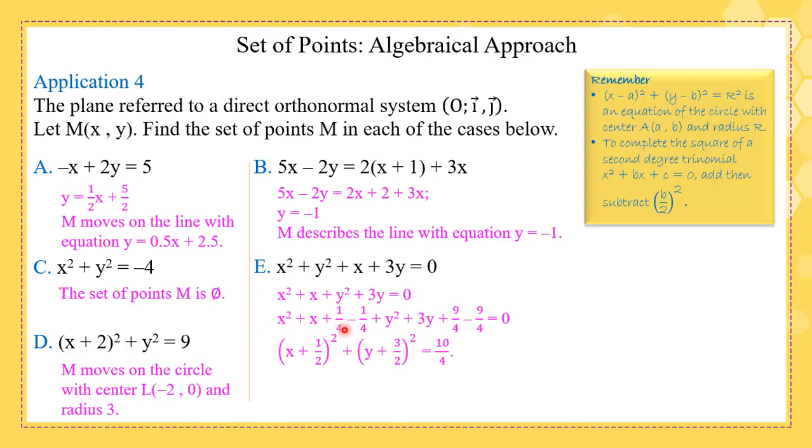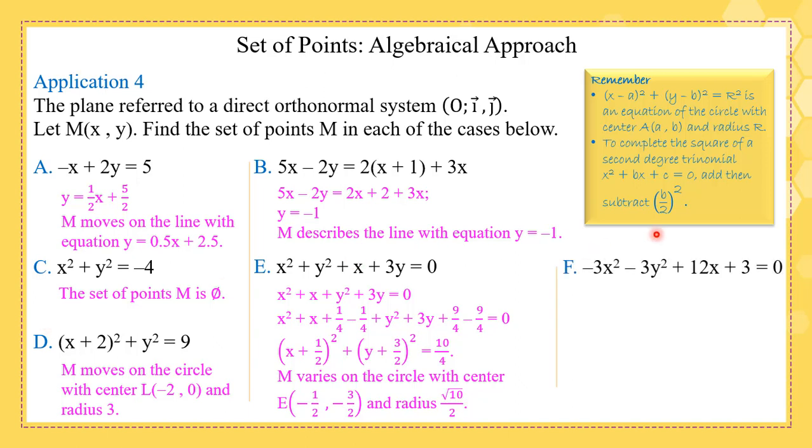Then the first three terms lead to x plus half squared. Y squared plus 3y plus 9 over 4 leads to y plus 3 over 2 quantity squared, and the constants lead to 10 over 4. So M varies on the circle with center (minus half, minus 3 over 2) and radius the square root of this constant, which is the square root of 10 over 2.